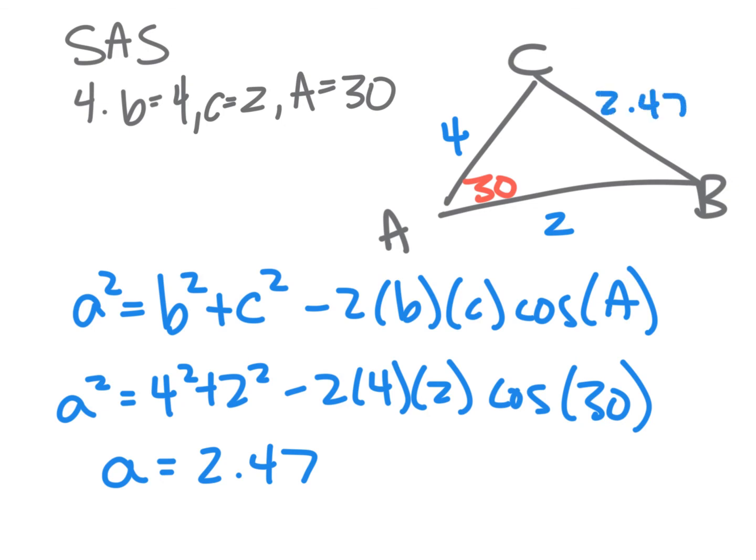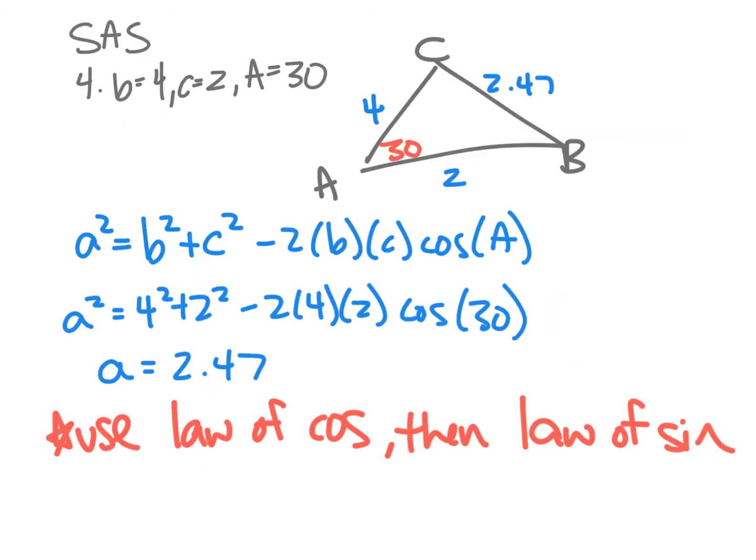And from this point, now I can use the law of sines, right? Because I'm back to a side-side angle. So basically, whenever you use the law of cosines, you only have to use it once, and then you can go back and find everything else using law of sines.